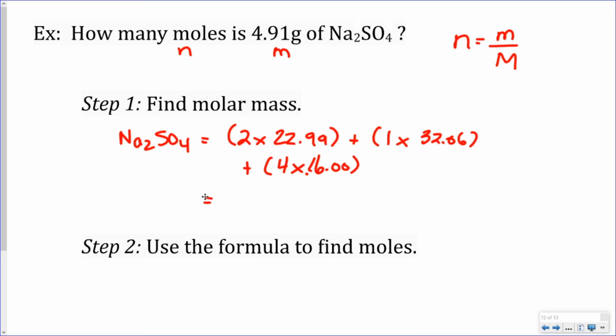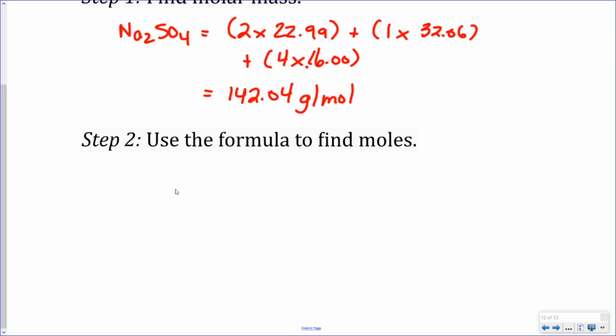And let's see if I can use my calculator properly here. Check my math to make sure I get these right. 142.04 grams per mole.